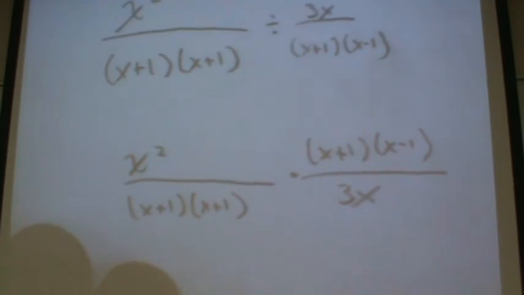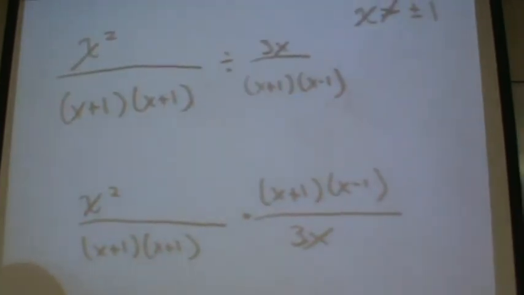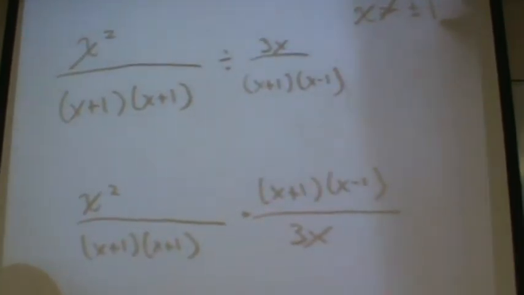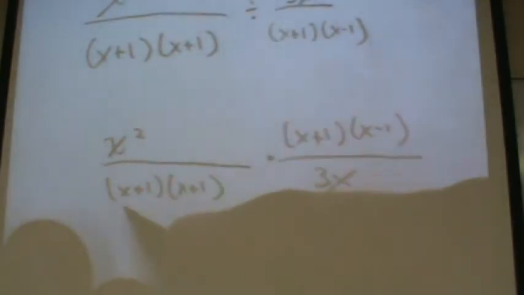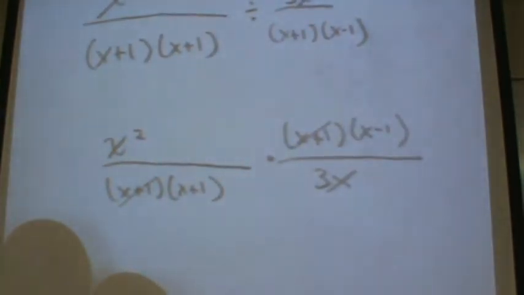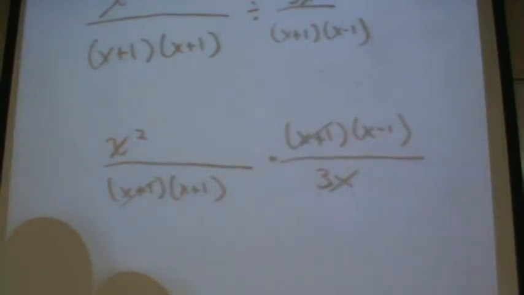Wait, are there any more restrictions? Zero. Cancel x plus 1. Then you take out an x. You're supposed to factor. So just an x now. I don't know why I crossed off the x, but yeah.